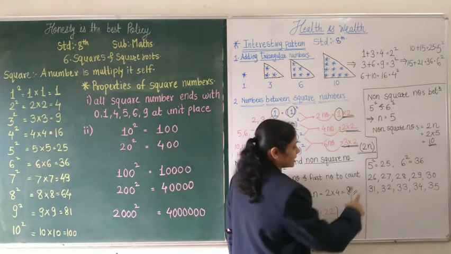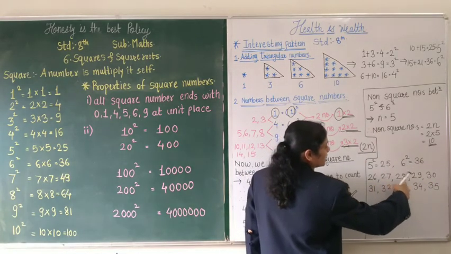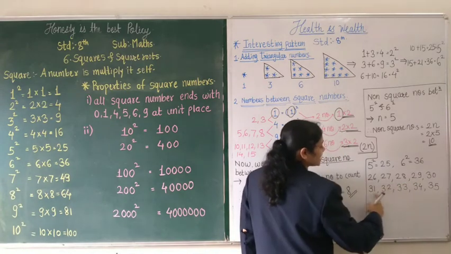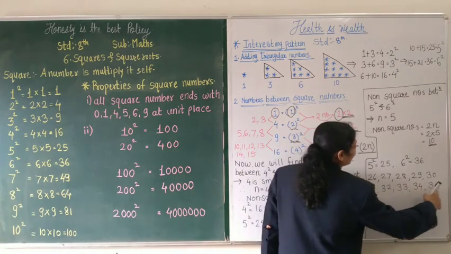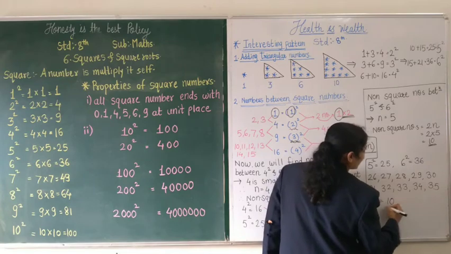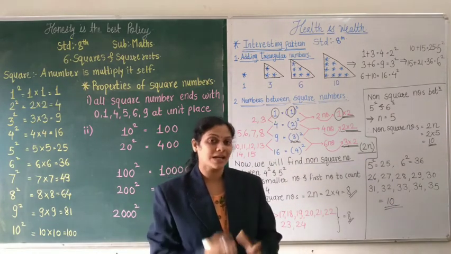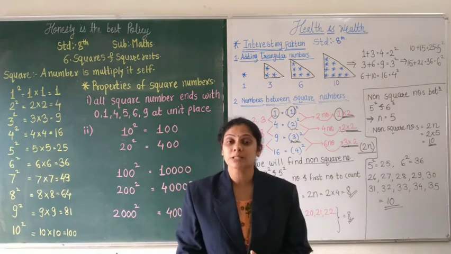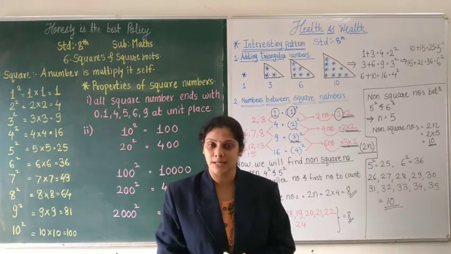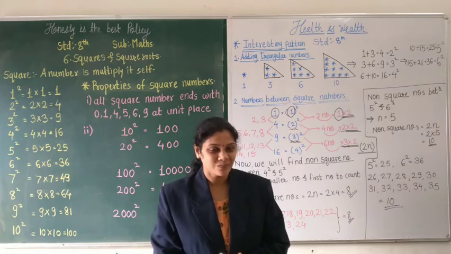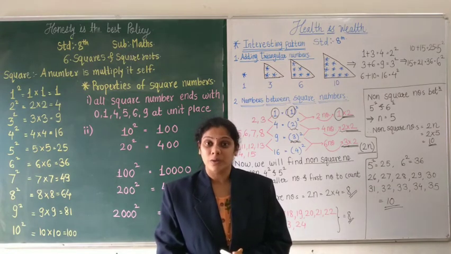So how many numbers are there? 1, 2, 3, 4, 5, 6, 7, 8, 9, 10. How many numbers are there? 10. So like that, by using the formula, we can find the non-square numbers between any two square numbers. Is it easy now? Okay. So now we will move forward.